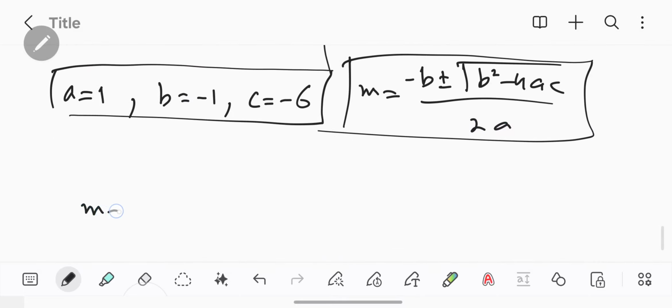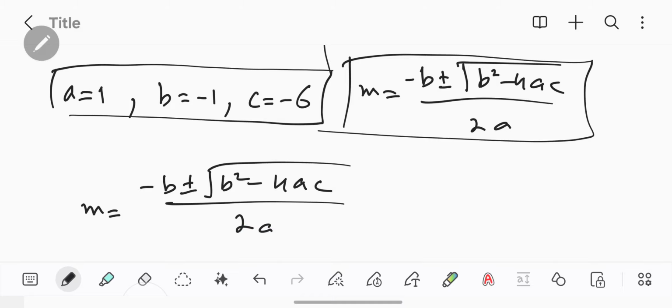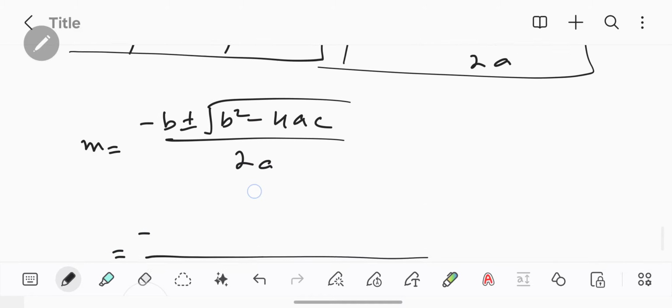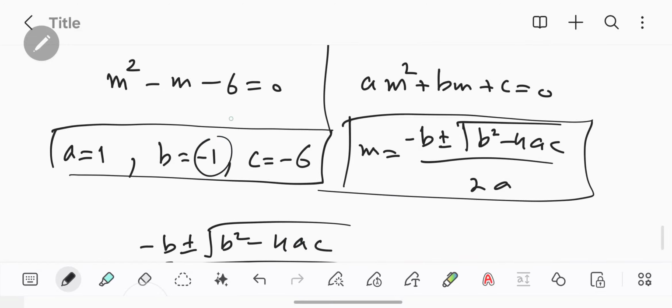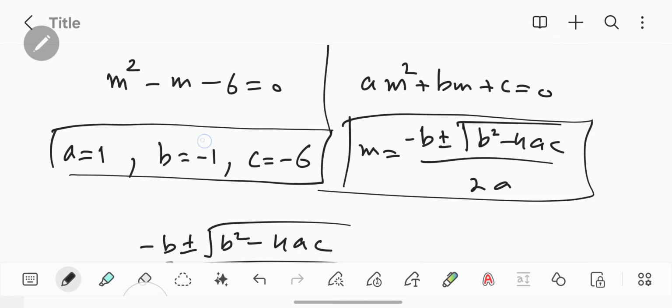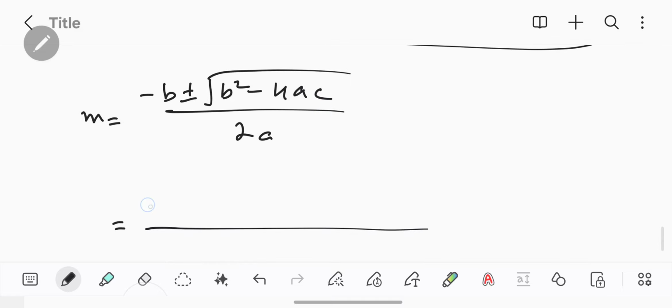So m is equal to minus b plus minus square root of b square minus 4ac over 2a. Minus b means minus, what is b? b is minus 1, so minus b will be plus 1. So I will write here plus 1 plus minus square root of b square.